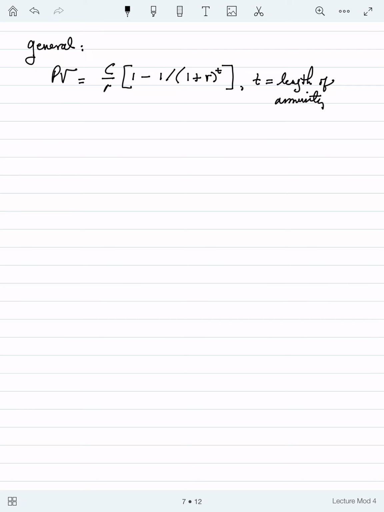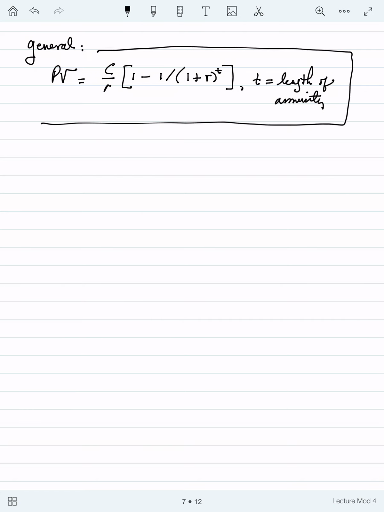All right, so this equation is a little bit different from Ross, Westerfield, and Jaffe. You can look closely at them. They're equivalent. This way of writing the formula is a little bit easier to remember. I like it.